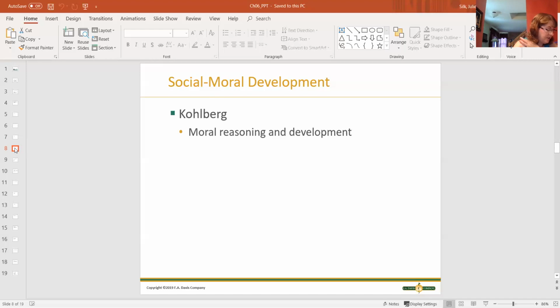The next stage of his theory is called the conventional level. This is kids 7 to 12 years old. In this stage, you have good interpersonal relationships and you maintain the social order. So you seek conformity and loyalty, you follow rules, and you maintain social order.